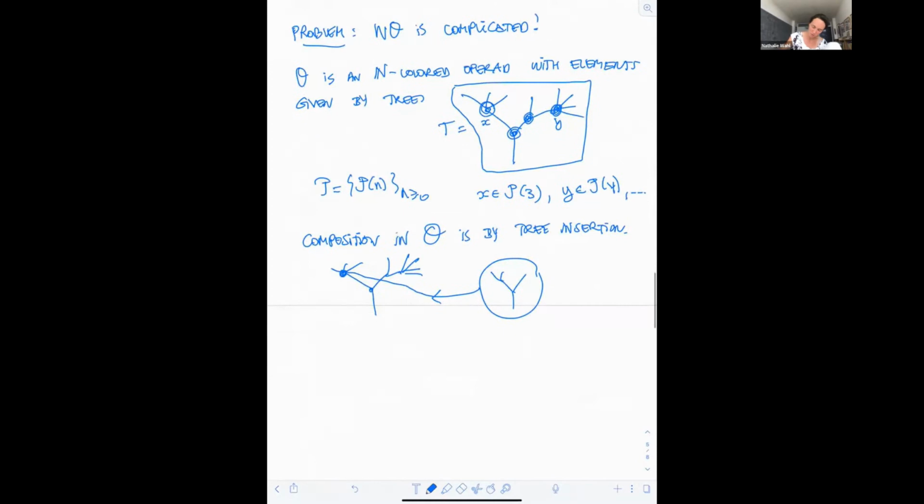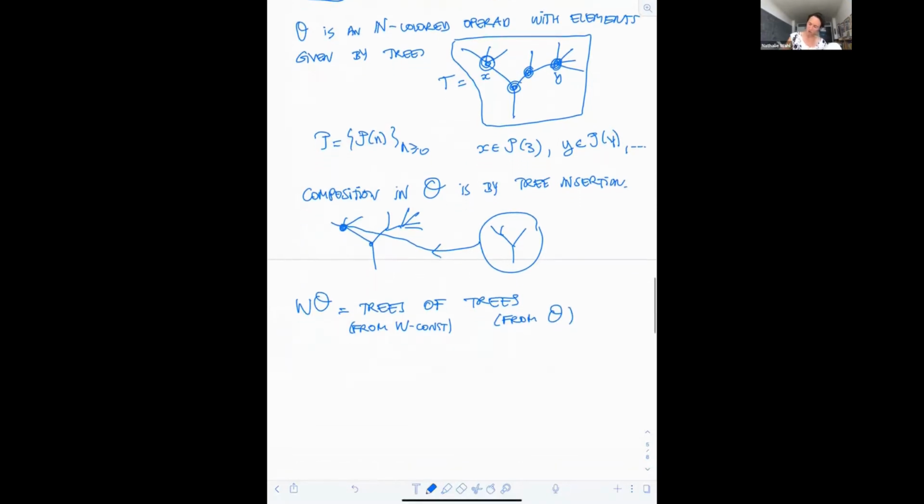And now when you do the W construction on O, it is going to be trees of trees, where the first trees are from the W construction and the second trees are from O. I depict an element, not a beautiful drawing, something like this, and in each of these vertices I put a tree.